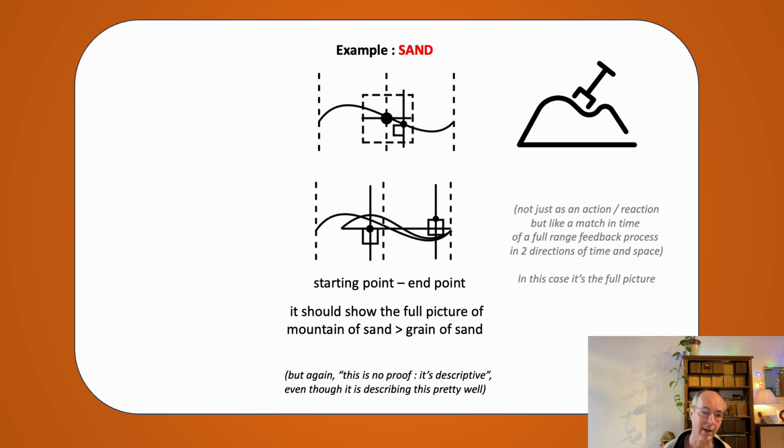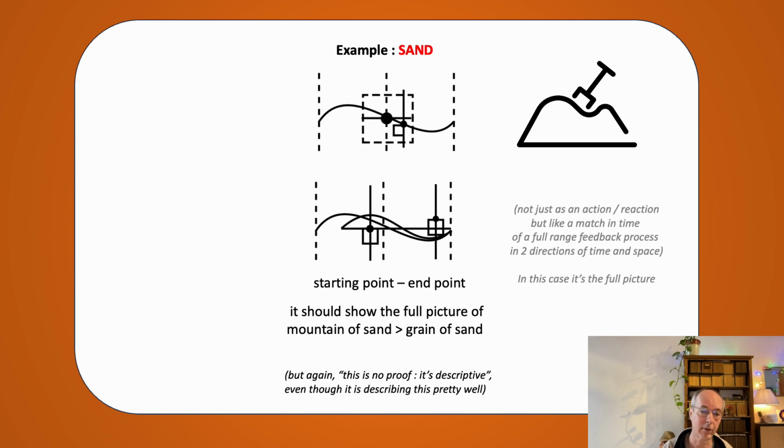That's more what the sand is. The sand is not just a mountain, it's not just a grain of sand, it's a whole picture in between. Yes, it's describing it already better, but it's still circumstantial, it's a bit coincidental, it's almost artistic, but it is still not a proof. No, it isn't.